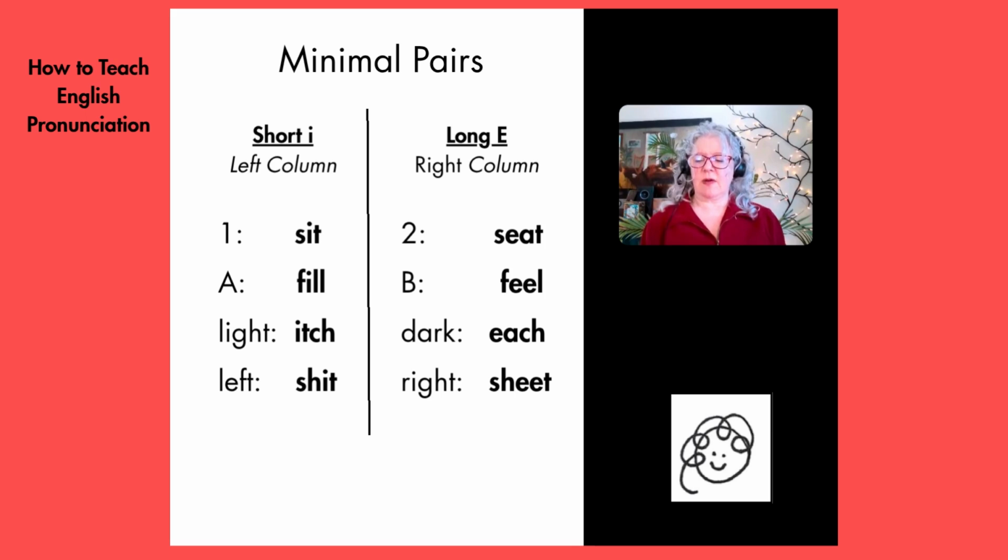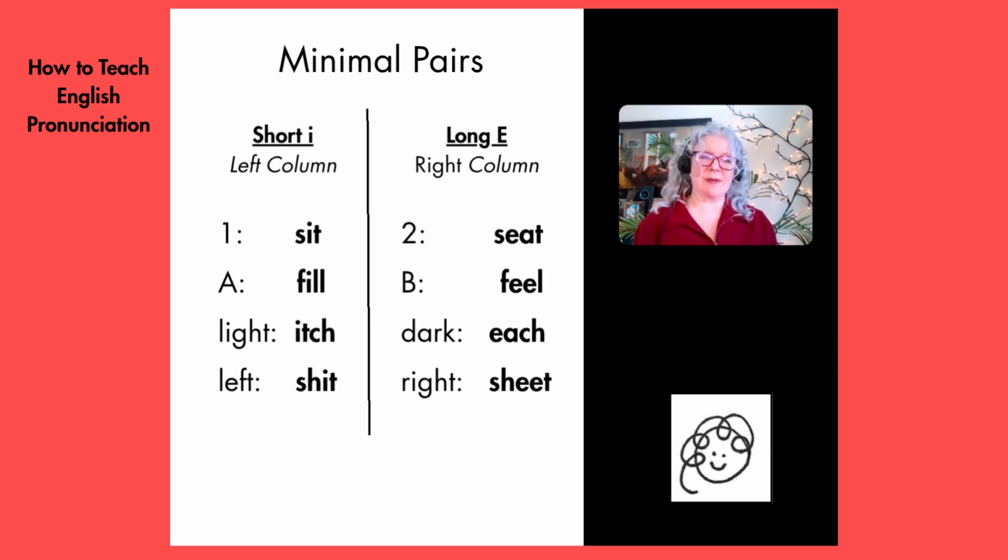Okay, so we have the column on the left, we have sit, fill, itch, and because we're all adults here, let's put some real world problems and have the word shit. Okay, you'll understand in a minute why this is important. Then we have the long E sounds. We have seat, feel, each, sheet.